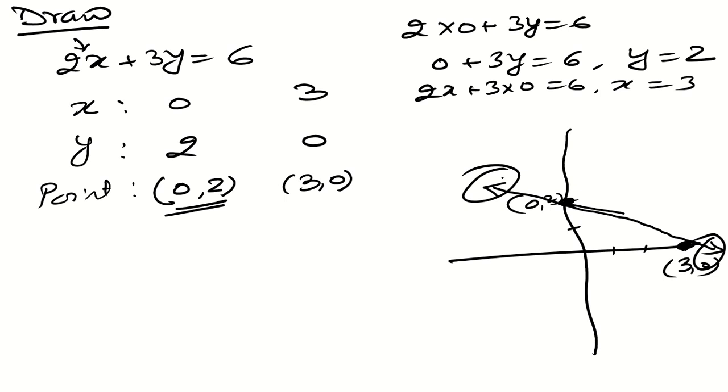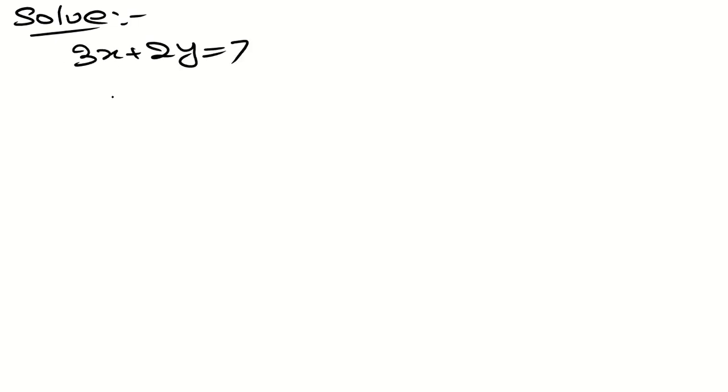There are so many other methods that you will study in grade 11. Now next we will talk about how to solve equations simultaneously. Like if you have 3x plus 2y equal to 7 and x minus y equal to 4. For example, I have taken these equations. Now there are many methods to solve.